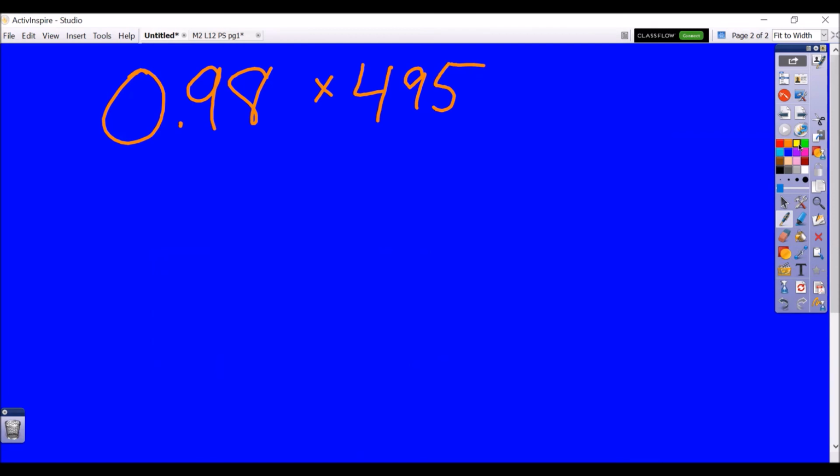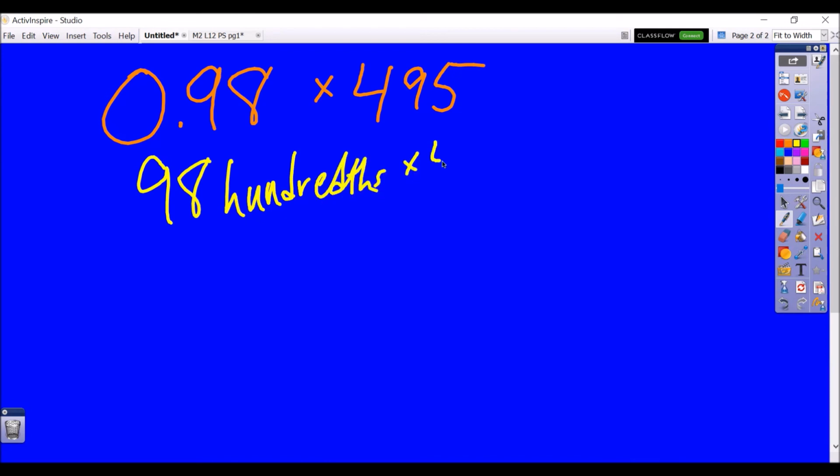If you're going to be using the area model, to help us visualize the standard algorithm, remember that this is just 98 hundredths times 495. This time I'm not going to help you set up the area model. I'm just going to start working on the standard algorithm. So let's go ahead and set it up.